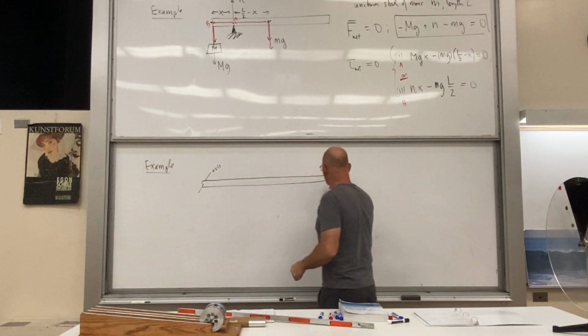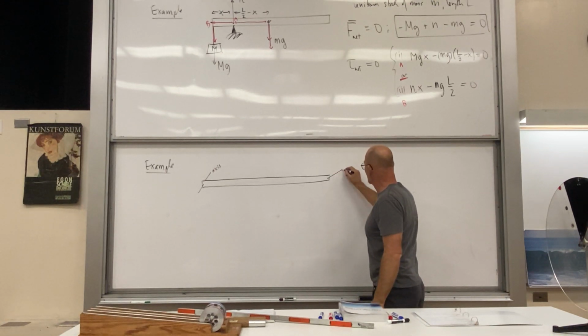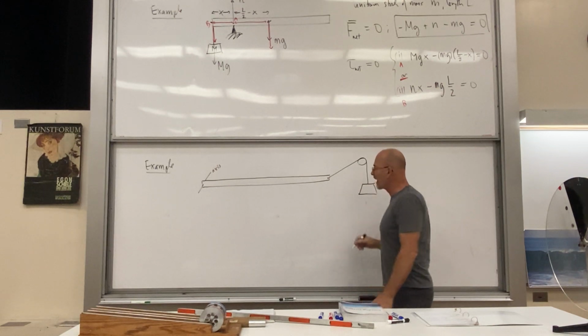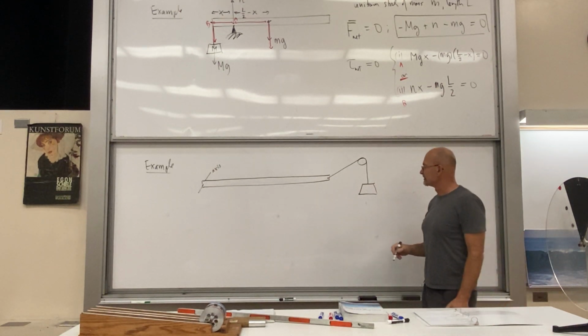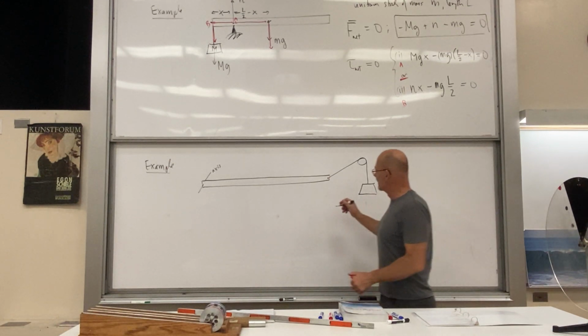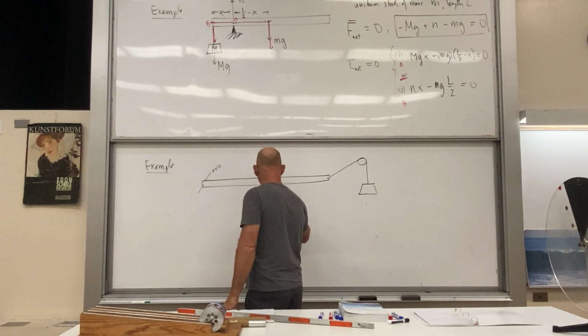So what we then do is take a string, another hole here, and hang a weight off the end. I'm going to start numbering these things 1, 2, and 3, but I'll go ahead and put the center of mass in the middle of the stick, and we know we have mg there.